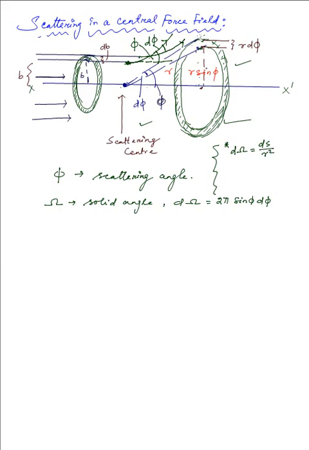And this ds is equal to r sine phi, the radius that we see over here, multiplied by r d phi, the thickness of that area of cross section, not only d phi, it is actually r d phi.